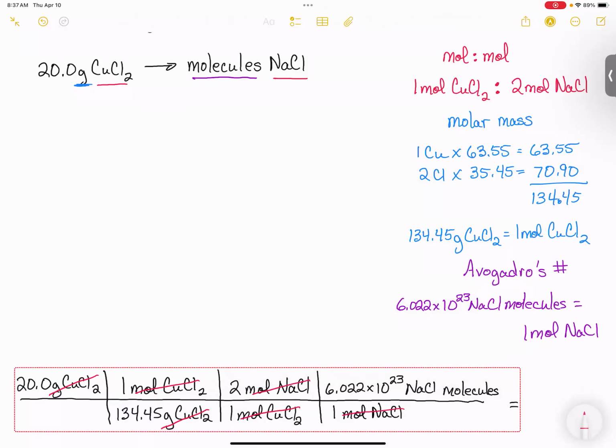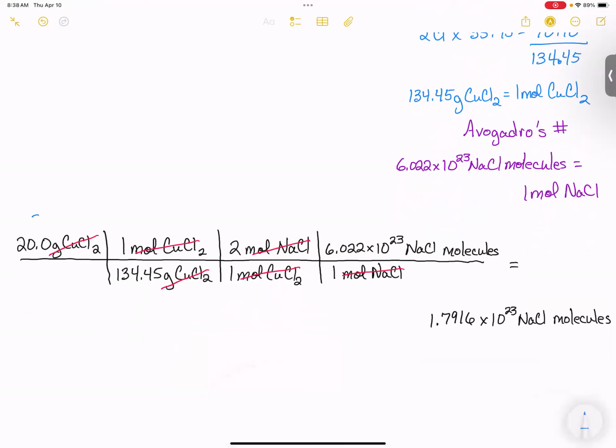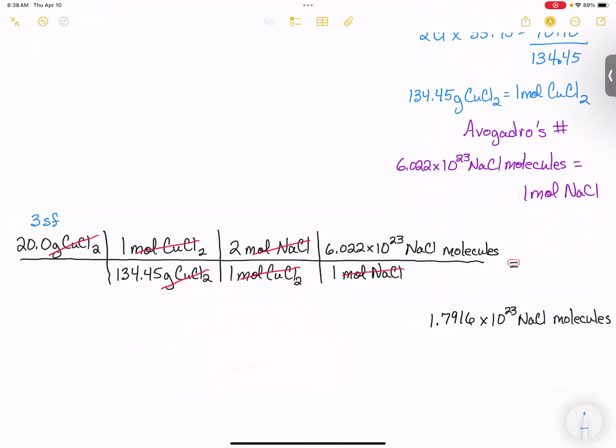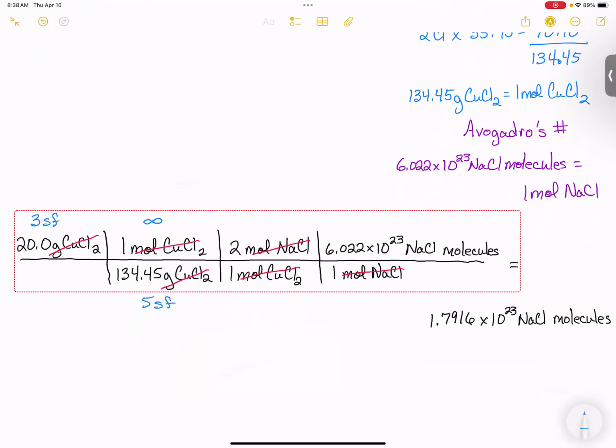Now I do have to pay attention to significant digits. My starting quantity has 3 significant digits. The molar mass, the mole portion is going to have an unlimited number of significant digits, while the mass portion has 5 significant digits. Mole to mole ratios are exact quantities, therefore they have an unlimited number of significant digits.